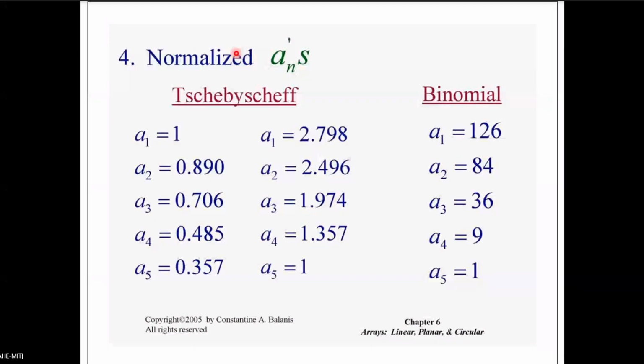Now write the array factor equation. So the number of elements is 3, so 2M plus 1 with capital M equal to 1. So write the array factor equation.